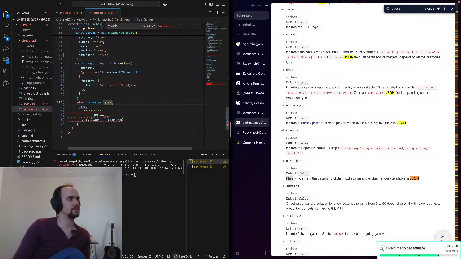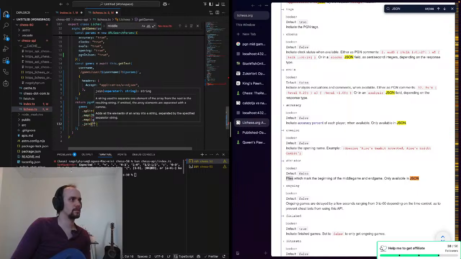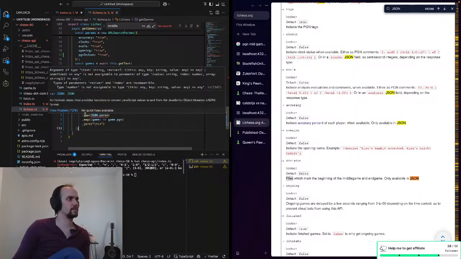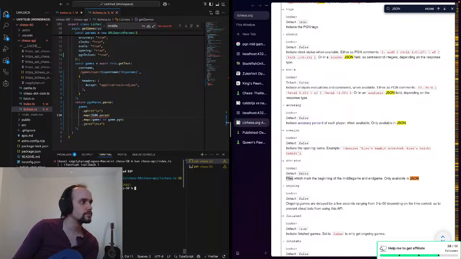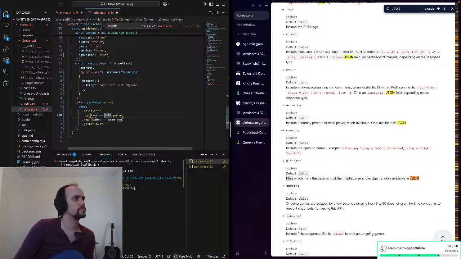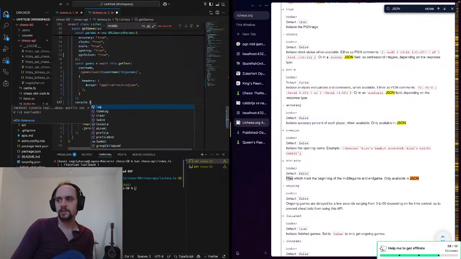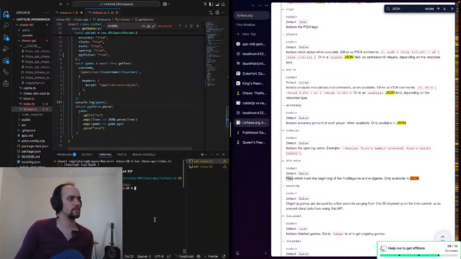This will be dot join \n\n. Use console log games here.